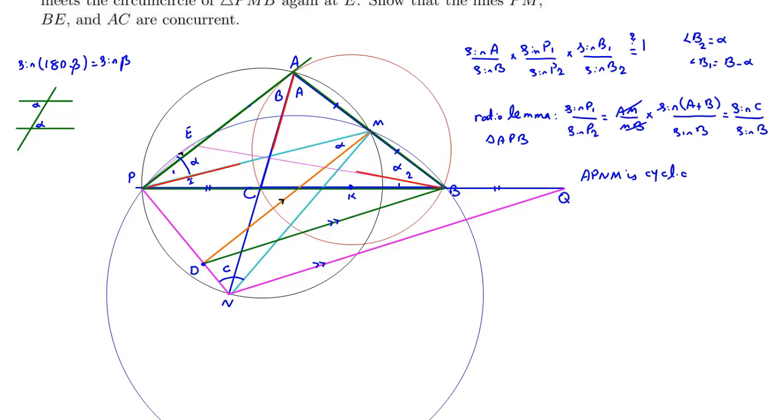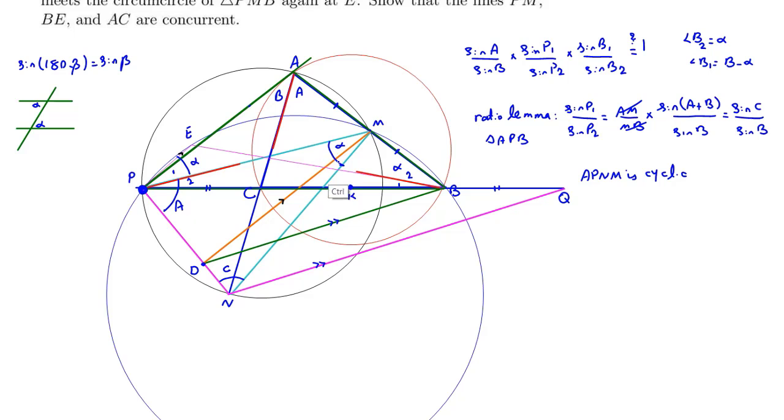Now, another part: I want to find this angle. These four points are cyclic, so this angle is also A because they see the same arc. So let's write this angle equal to A. It is A, it is C, so this angle equals B, because in triangle MPN the sum of angles equals 180.